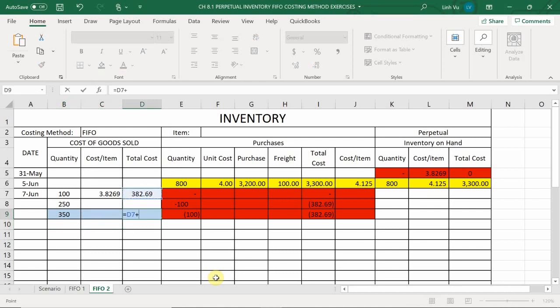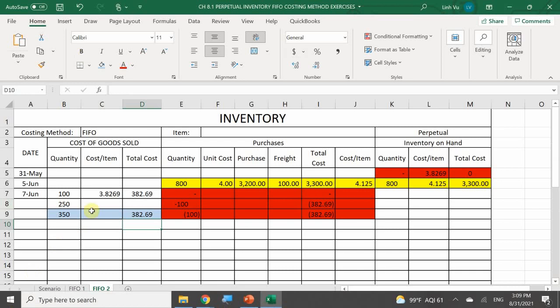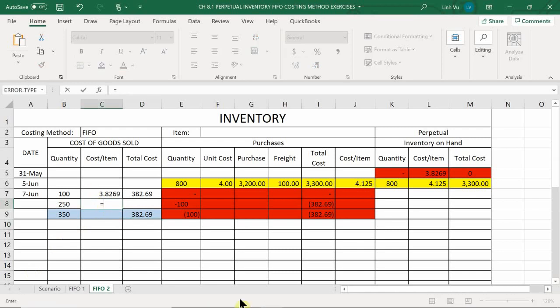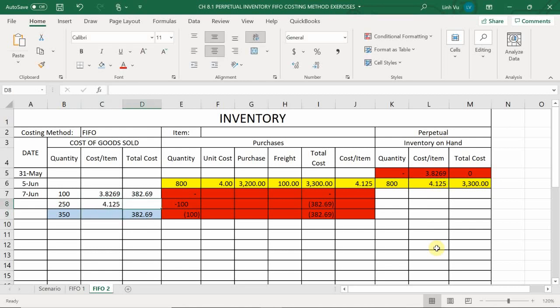Okay. Now in this case, what's my cost per item for my yellow batch? Right? $4.125.